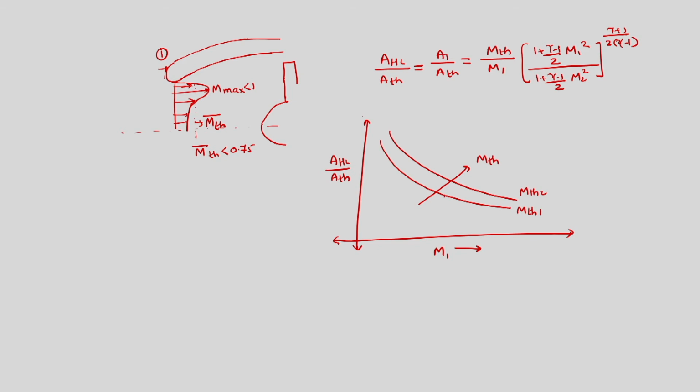So, for a given Mach number, we will have this as the ratio of highlight area to throat area for a given M throat Mach number, but that area ratio will increase for an increment in M throat Mach number. This is the interpretation of this curve. Having said this, we have to take care of the bluntness, so that it should not lead to supersonic flow in the intake.